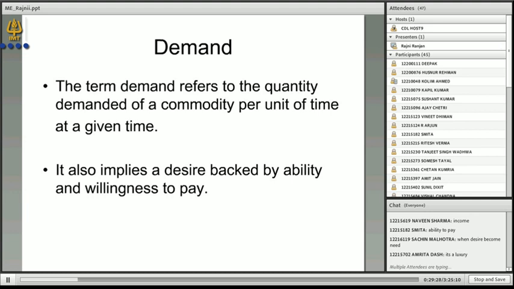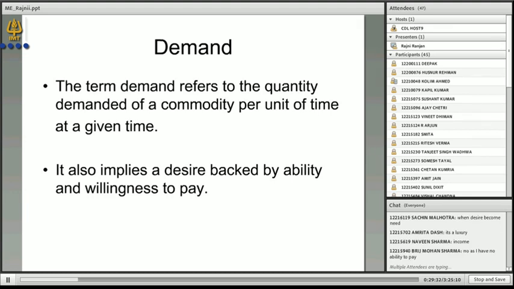Desire can also stimulate demand. So I can say that I desire, or maybe I can say I need a BMW, because actually I don't drive, so I travel by public transport these days. So I can say I need a car and I desire a BMW.